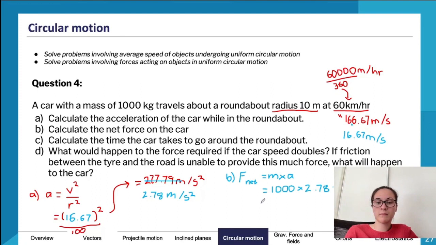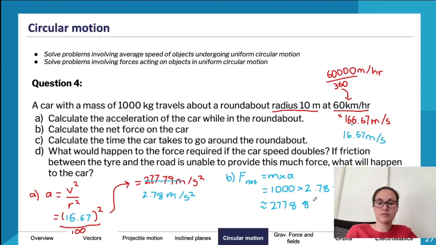Okay. Yep, so that's going to be 277, and I also just kept that number earlier in my calculator. So it's going to be 2778.89.